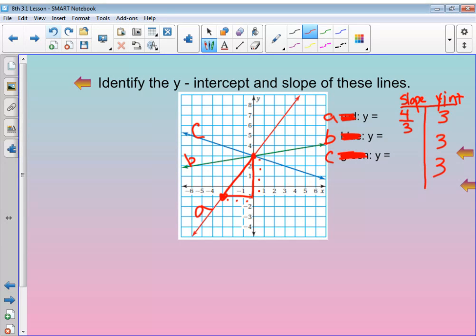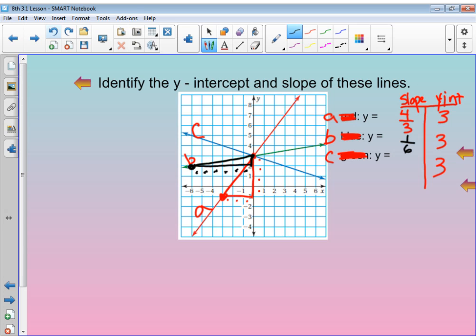For B, well, I've got this point, and then if I follow it, not on a corner, no, no, no, here's our corner. So my rise is 1. My run is 1, 2, 3, 4, 5, 6. So it's a 1 over 6. And that also is positive because it's going up from left to right.